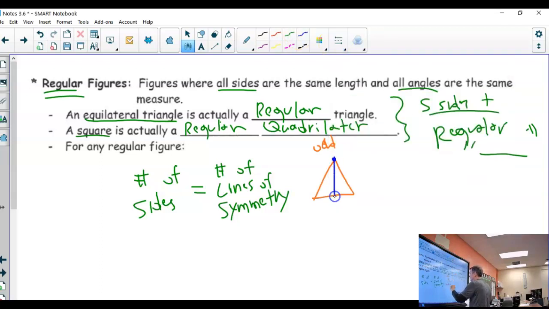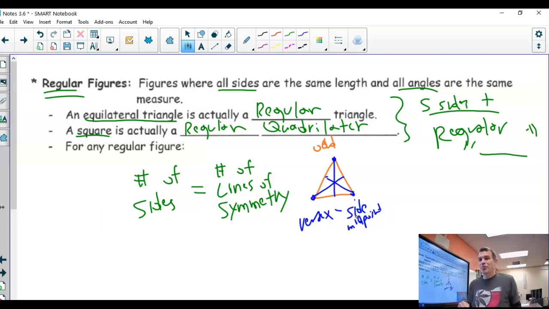There's one from here to here, one from here to here, and one from here to here. You're connecting each vertex with each side, technically the midpoint of each side. You get a line of symmetry from each corner to the midpoint of each side. That's when you have an odd number of sides in your regular shape.